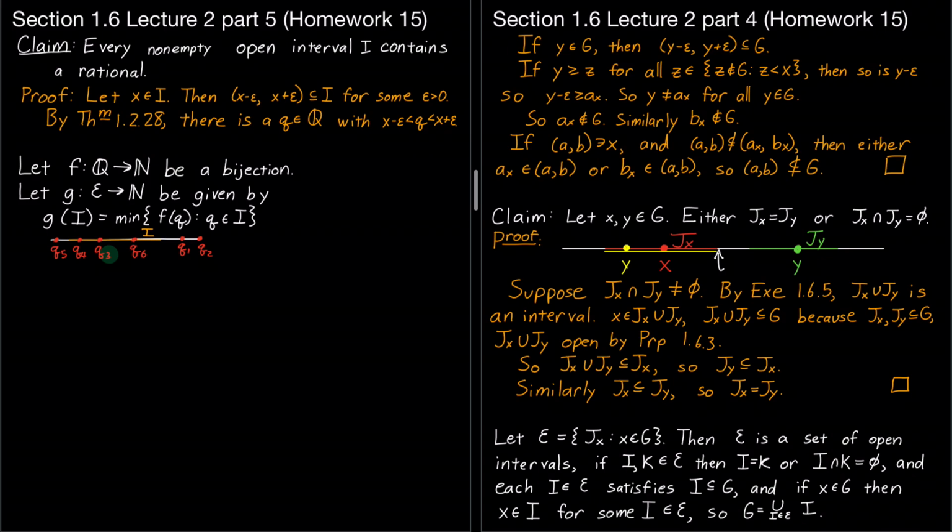So in this case, we've got that g of I is 3 for this one. So this is how our function works. And then remember that every set of natural numbers has not only an infimum but a minimum, the smallest element.